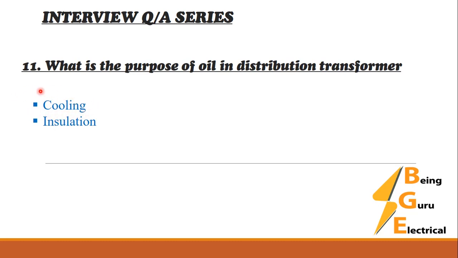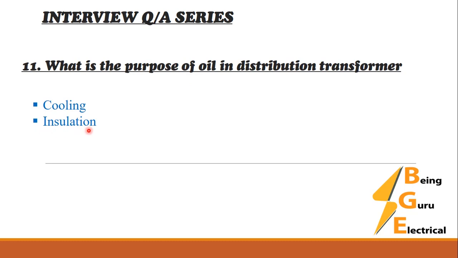So internally this circulation of oil ensures the cooling of the transformer winding. Second, we have insulation. The purpose of oil is to provide insulation between the windings and between the winding and the transformer tank or transformer body. So this is the second purpose of the oil.